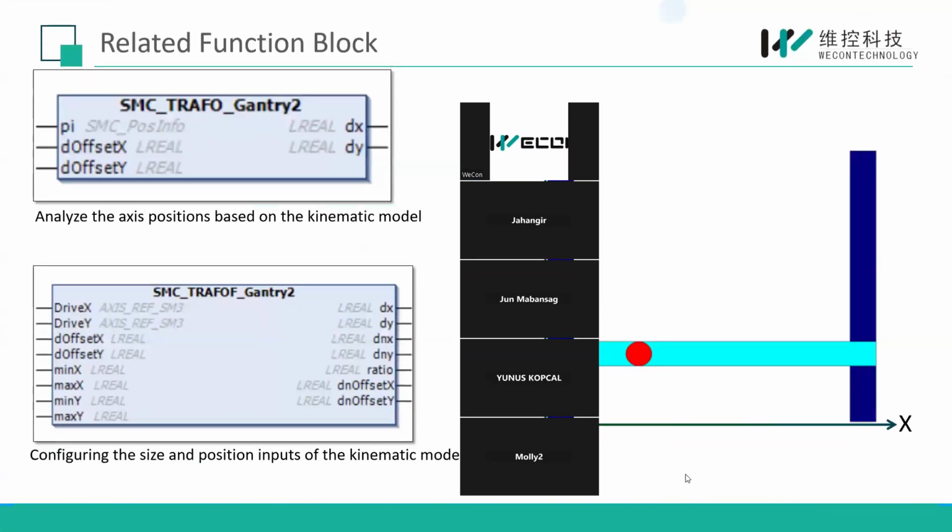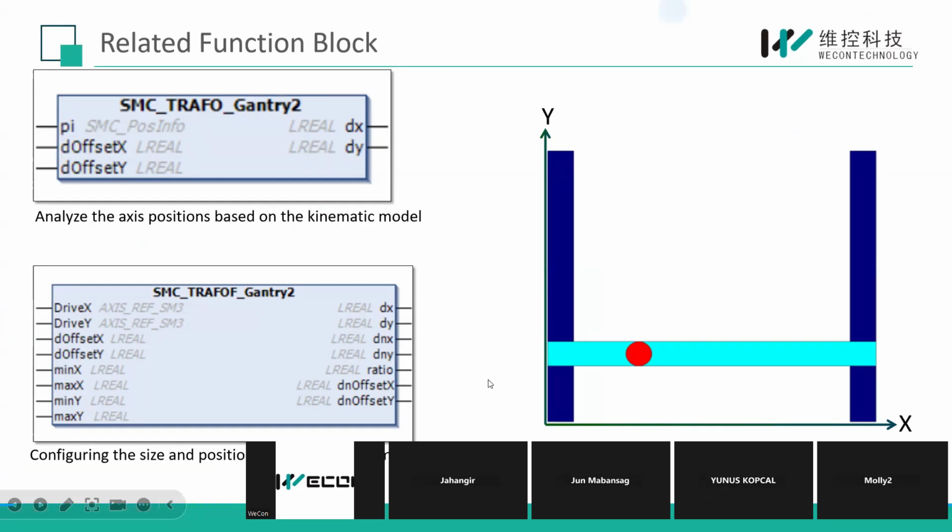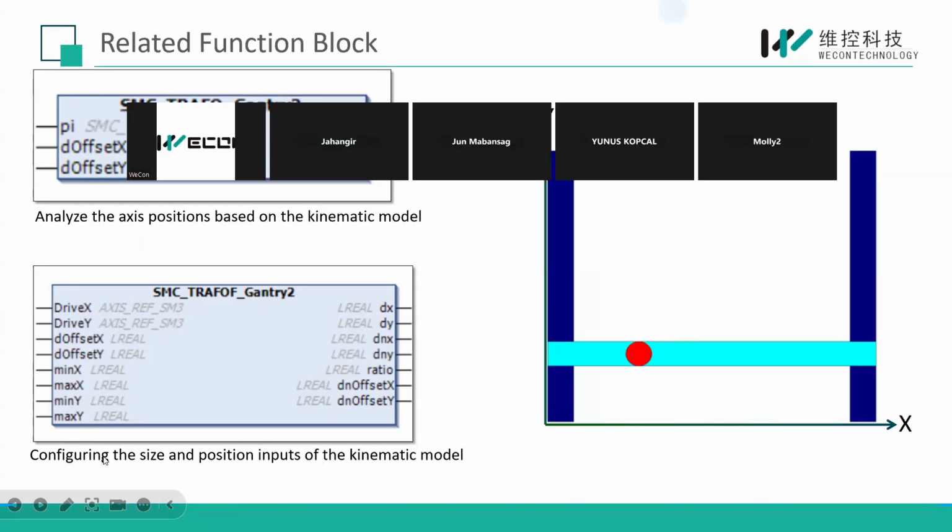And these two function blocks. The first one is used to analyze the axis position based on the kinematic model. And the second function block is used for configuring the size and position inputs of the kinematic model.